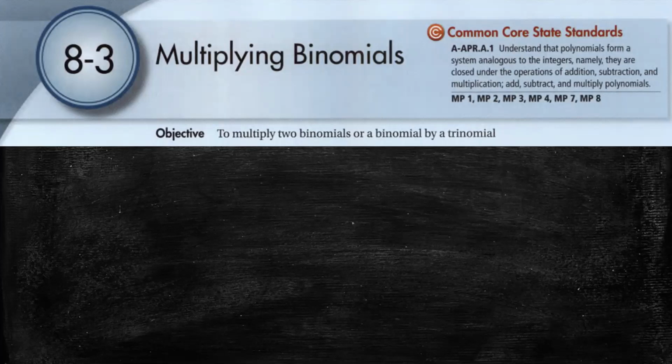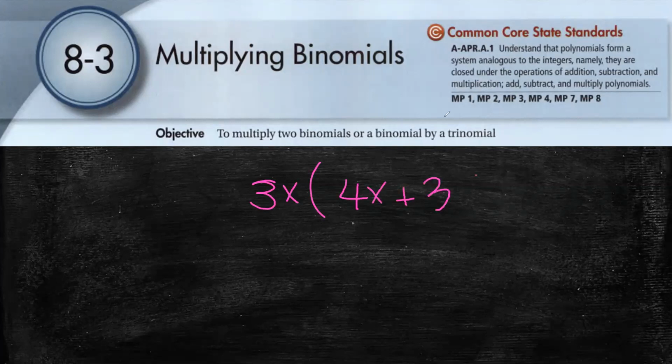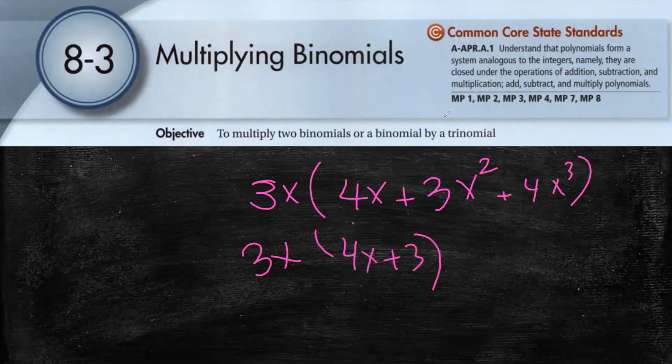In the previous lesson, we learned how to multiply, as an example, 3x with 4x plus 3x squared plus 4x cubed, or 3x by 4x plus 3.